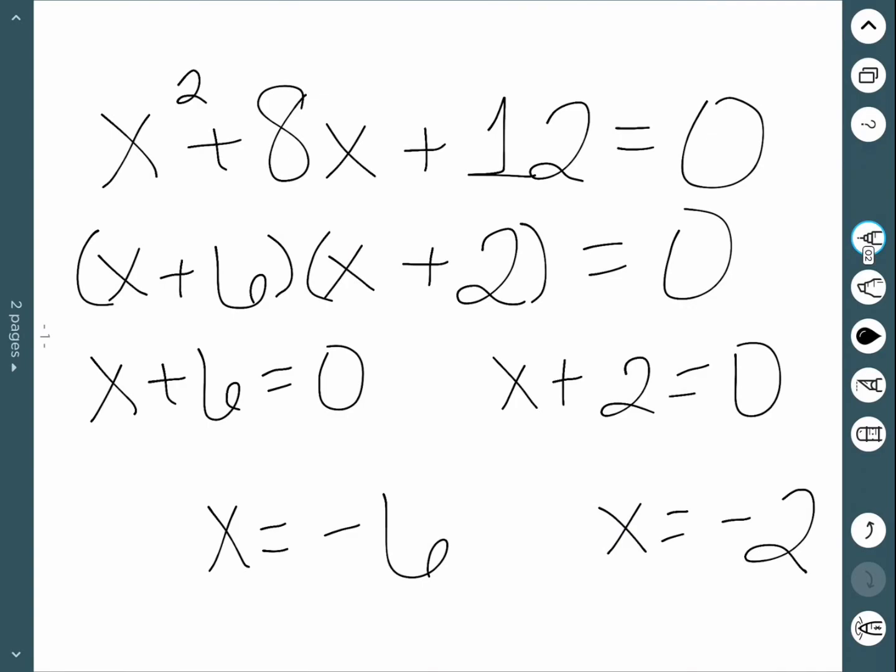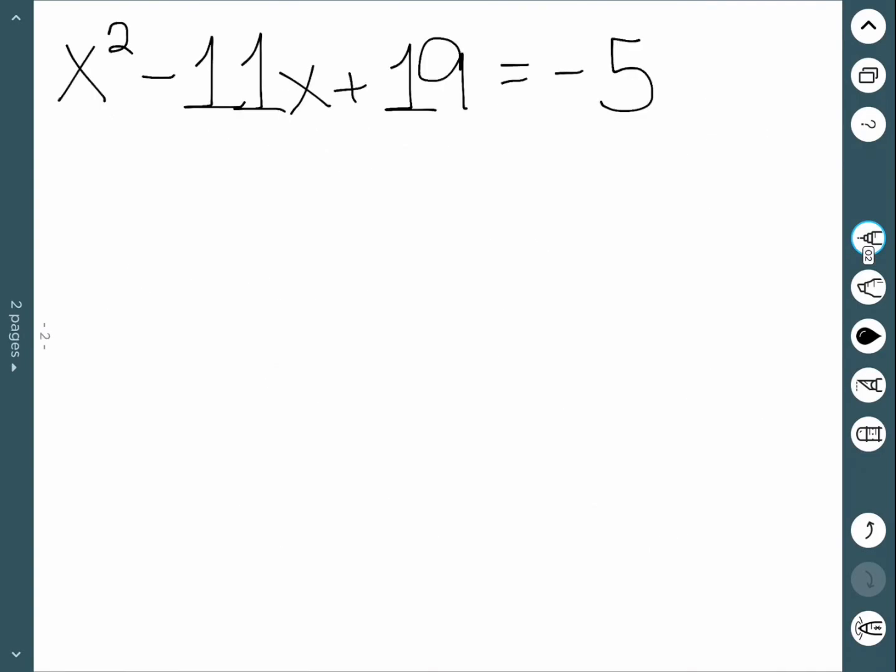So now let's do a few more examples. Here, x squared minus 11x plus 19 equal to negative 5. It's first important to realize that when we factor, we do need this thing to be equal to 0. If two numbers multiply to be negative 5, I can't guarantee that one of them is negative 5.